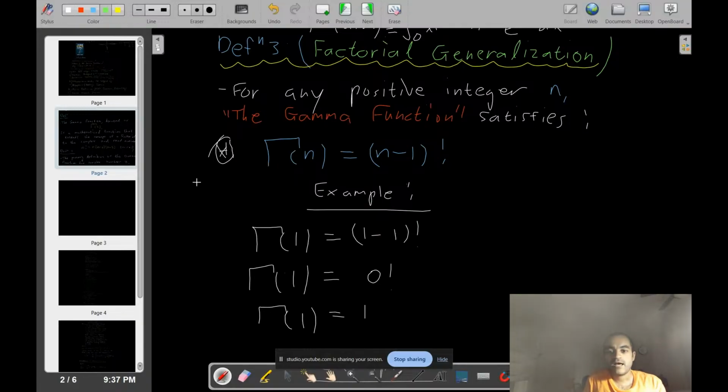For any positive integer n, the gamma function satisfies this formula as well: gamma of n is equal to n minus 1 factorial. Very basic formula, right? What do I mean by integer? Integer means a whole number, but it needs to be a positive whole integer. It can't be negative in order to use this formula.